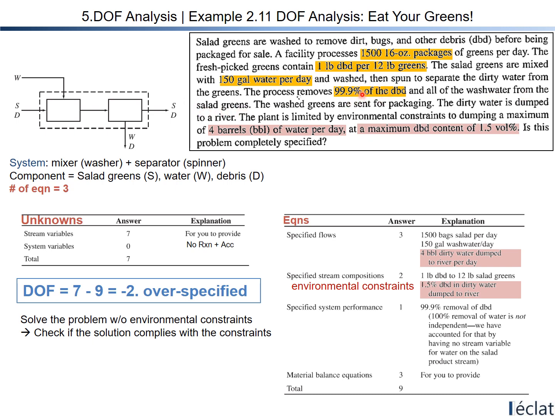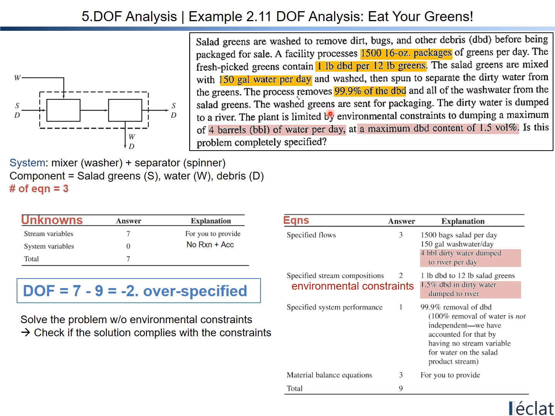So this is the first system performance specification. We are thinking about the separator. And the other thing is 100% water is removed from salad greens. This is the second system performance specification.